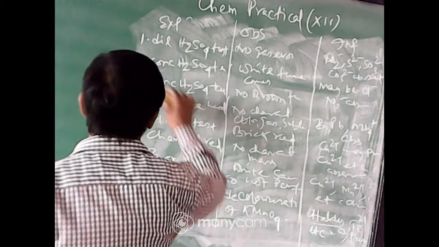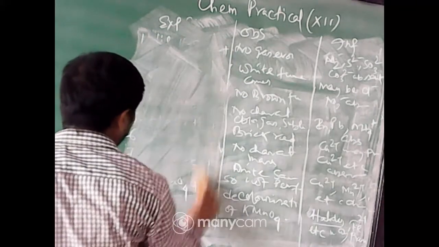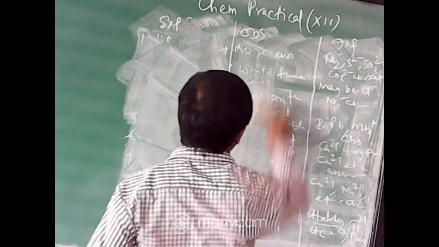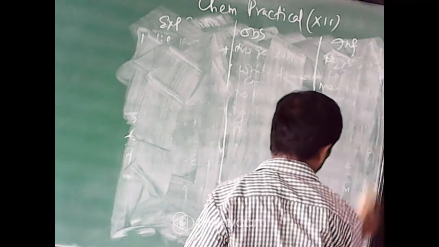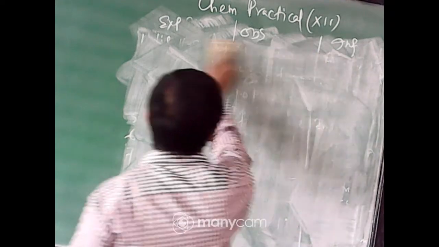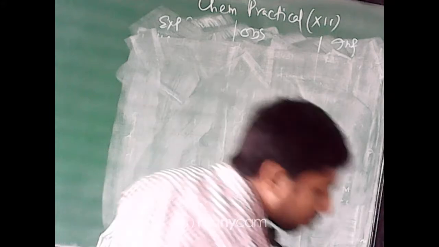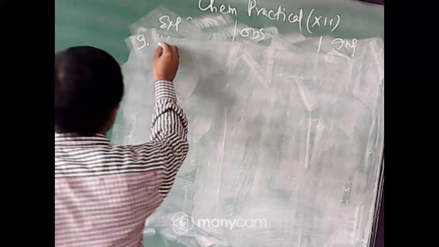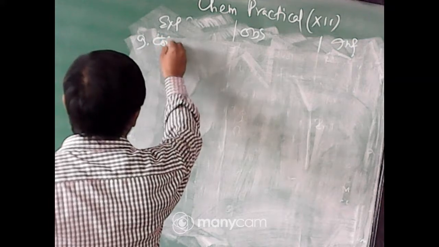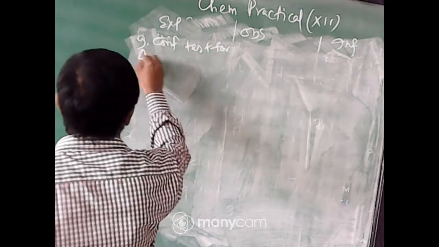Now we will go for number 9, that is the confirmative test for anion.